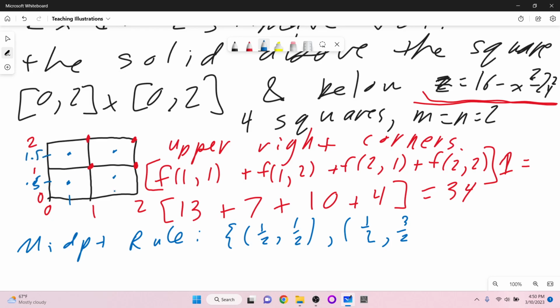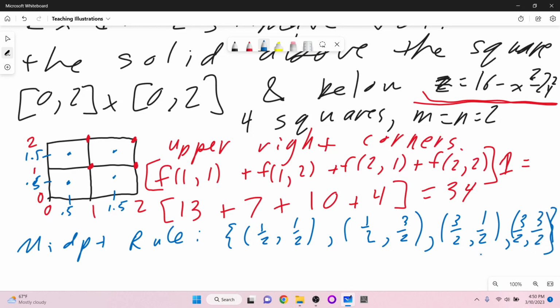And same for the x, 0.5 and 1.5. So (3/2, 1/2), (3/2, 3/2). And it'd be the same thing. You would just plug in each pair of points into this. And I'm not going to do that for you, but you can do that on your own if you need to.